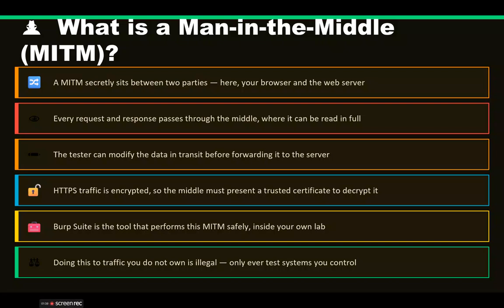Now, HTTPS traffic is encrypted, so to read it, the middle has to present a certificate the browser trusts, and we'll set that up shortly. Burp Suite is the tool that performs this safely inside your own lab. One rule before we go further: doing this to traffic you don't own is illegal. Only ever test systems you control.